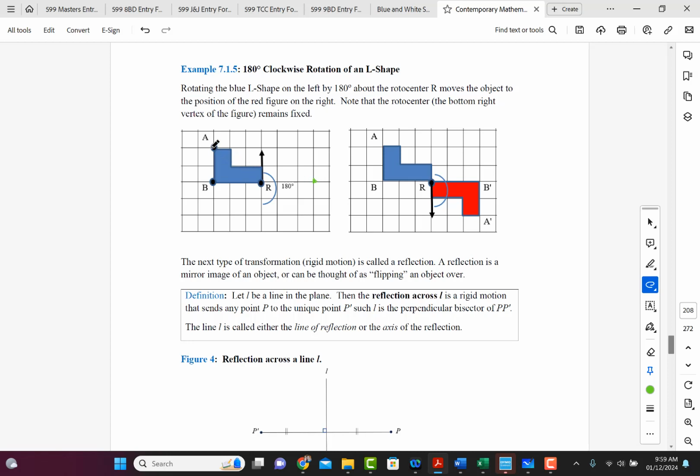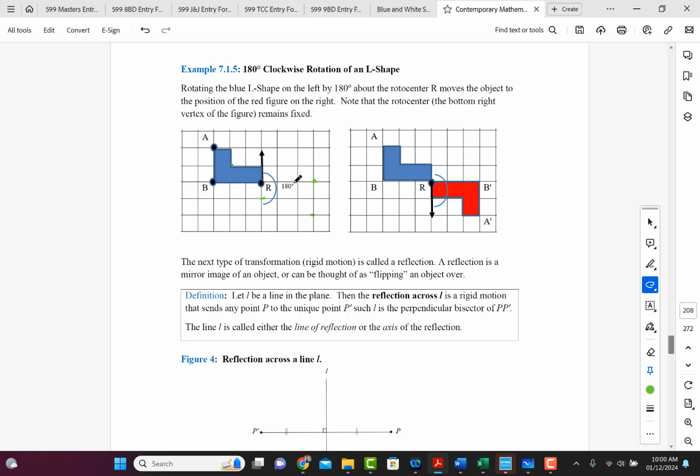And this one here, instead of 3 units to the left and 2 units up, is going to be 3 units to the right and 2 units down, right? And then this one, instead of 1 unit directly up, is going to be 1 unit directly down. And what about this vertex here? It's 2 units to the left, 1 unit up.